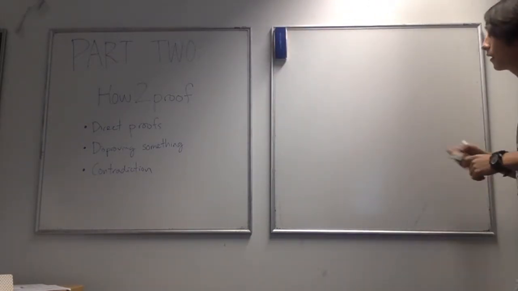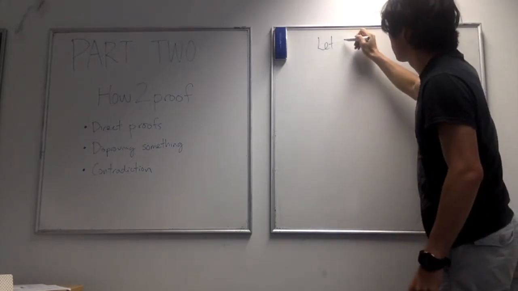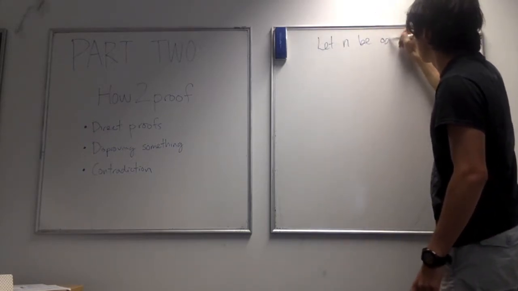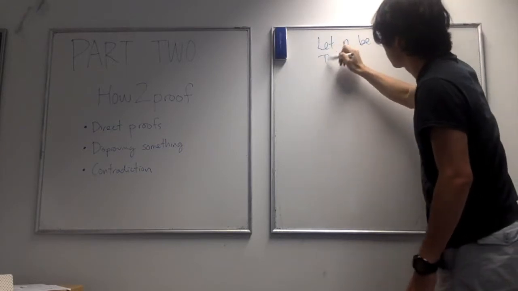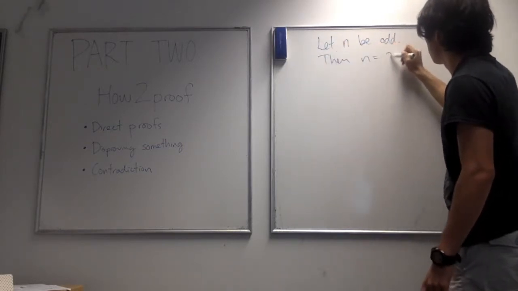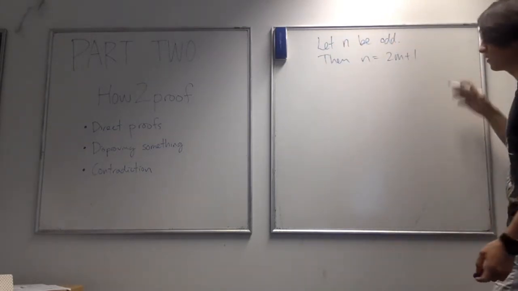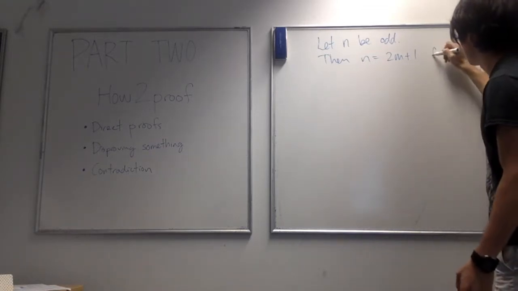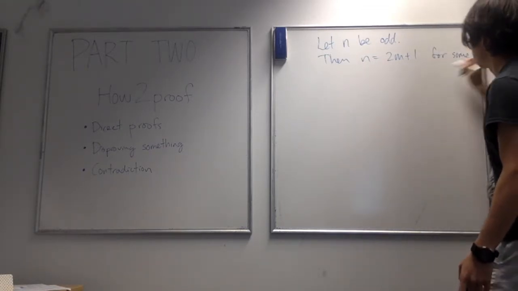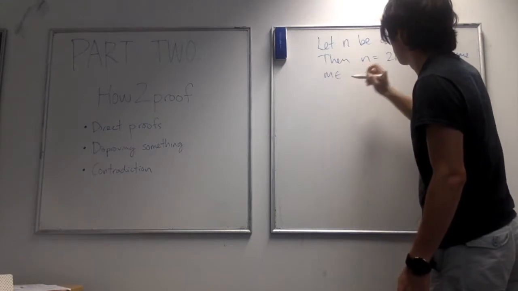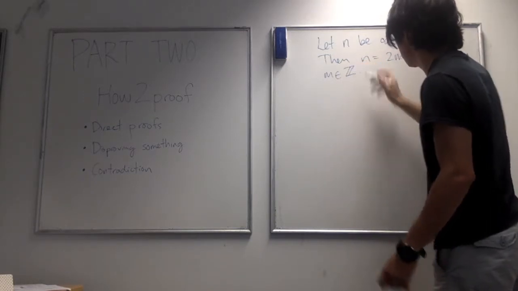So, let n be odd, right? Then n equals 2m plus 1 for some m in the integers.